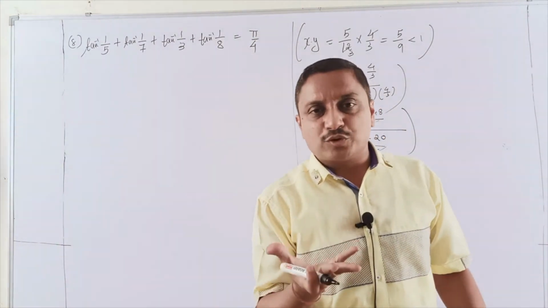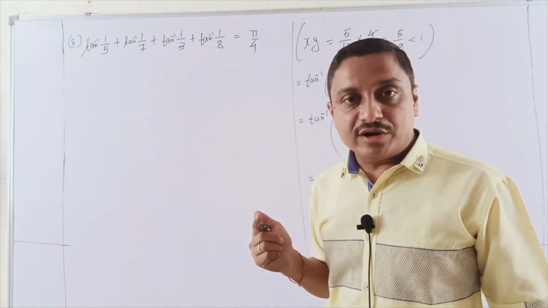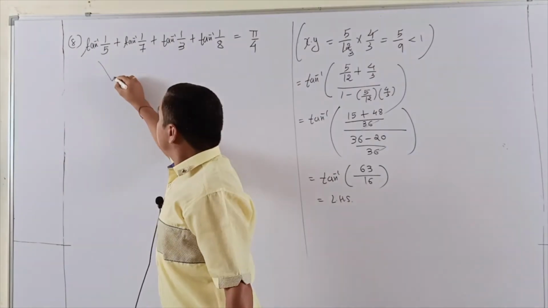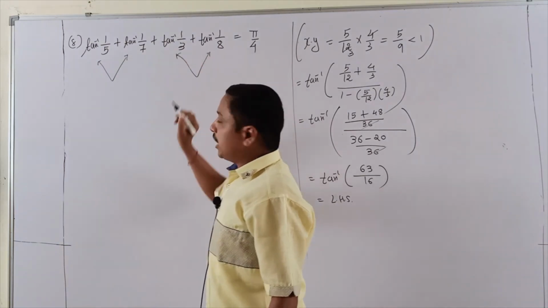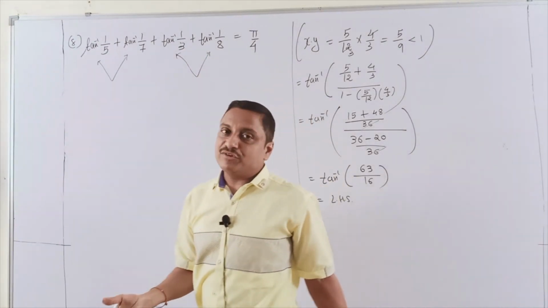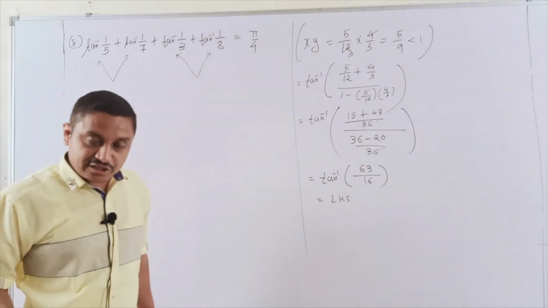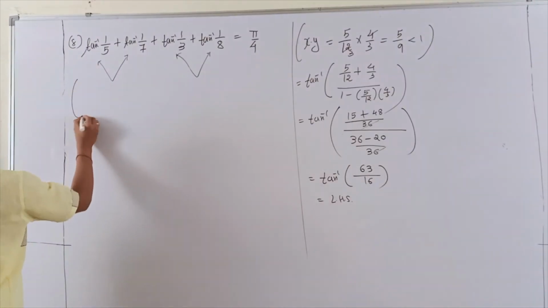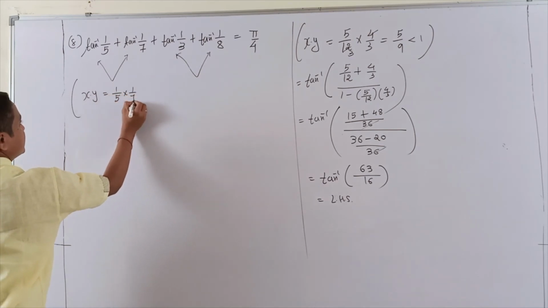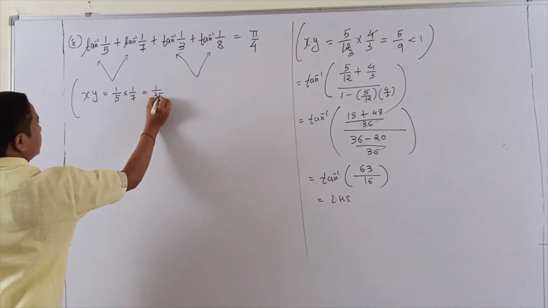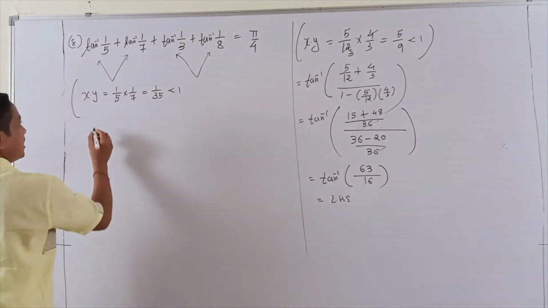Yes, students, this was a very simple process. There are 4 functions given. So I just start with these 2 and these 2. I need the value. And since the tan function is already given, never convert it again into tan. Just check x into y. 1 by 5 times 1 by 7 is less than 1.